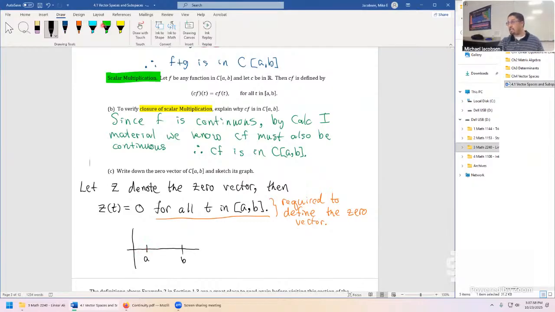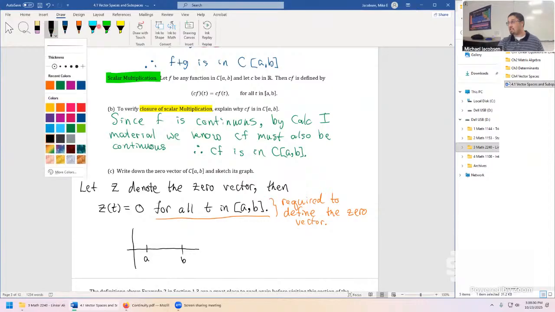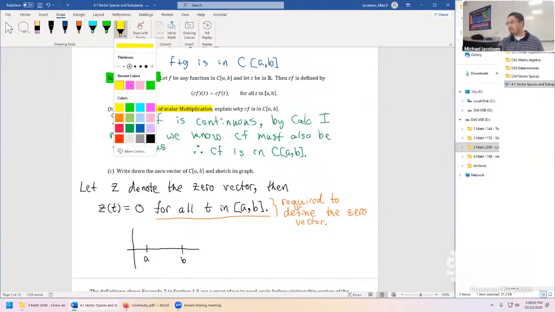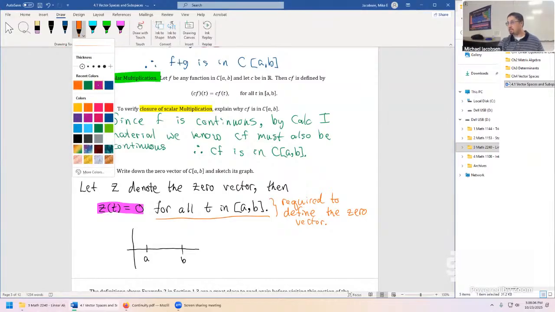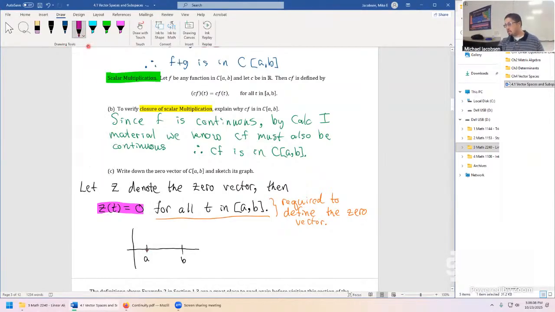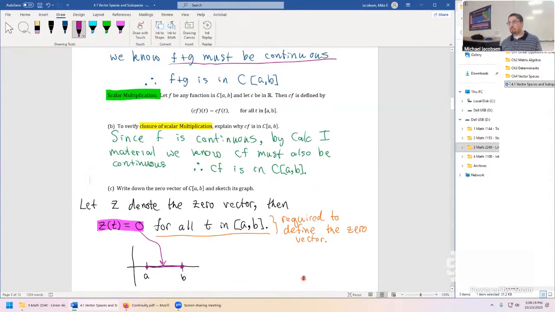The zero vector z of t then looks like this. Just thinking of a new color to write this in. Goes from here to here. All outputs go to 0. So that's z of t as a graph. So it's a strange new land.